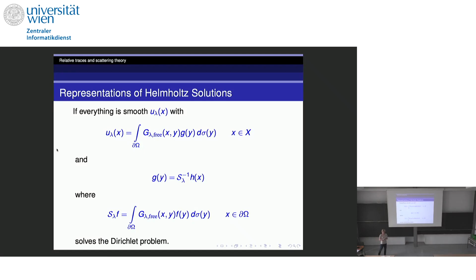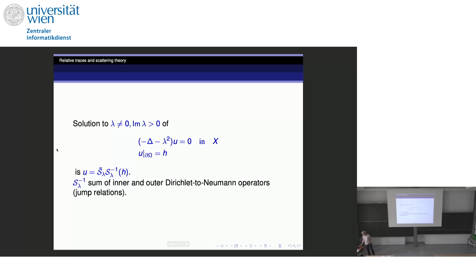The outer integral is over a boundary, which you usually have, and the single layer operator itself can actually be defined in terms of the exterior and interior Dirichlet to Neumann map. Right? So if everything is smooth, you can actually write down an equality for the Helmholtz equation.